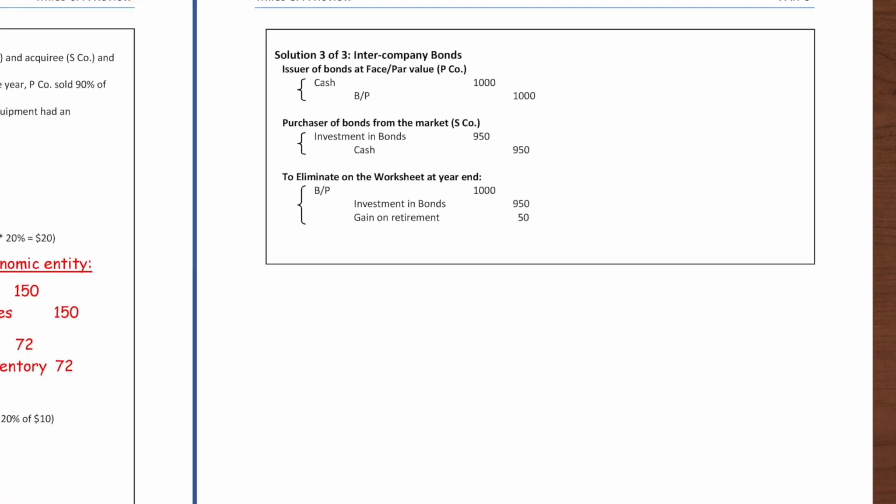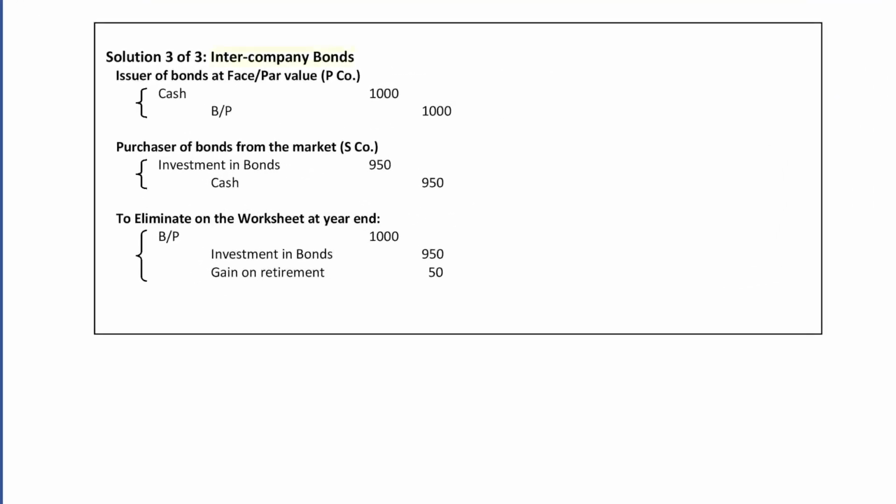Turn on to page 21. Highlight intercompany bonds. For the first couple of journal entries, draw a bracket and write journal entry of P and S in the books of the parent and those of the subsidiary. Now, looking at them as one economic entity, write journal entry of economic entity. The first journal entry would have been the same.